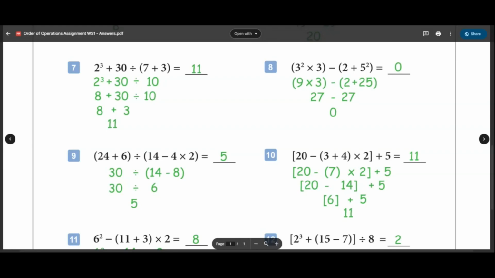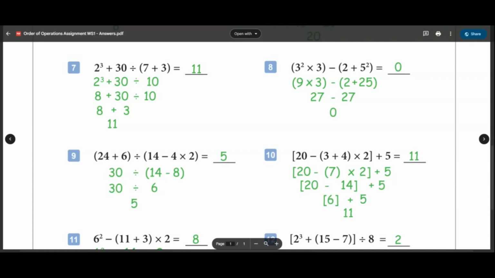So we fixed one thing. Then we start over again. Any parentheses? No. Any exponents? No. Any multiplication or division? Yes. So this is 8 plus 30 divided by 10 is 3. And then parentheses, no. Exponents, no. Multiplication or division, no. Addition, subtraction, yes. This becomes 11.